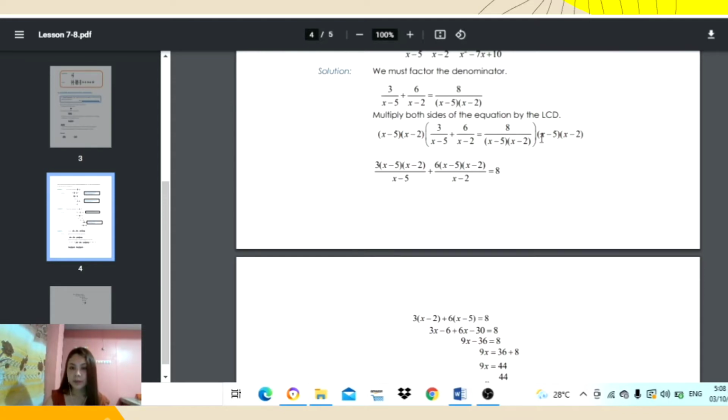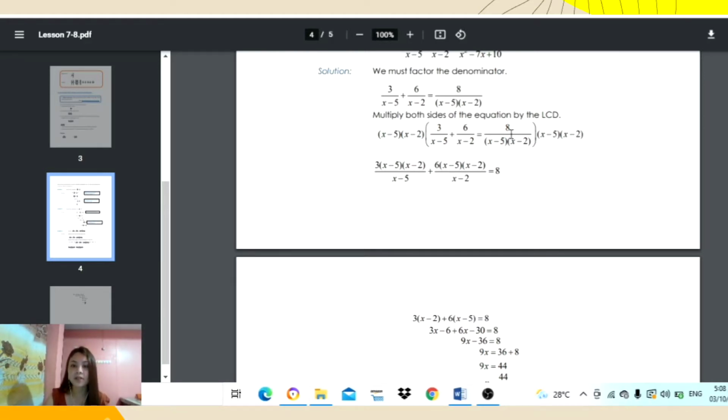Now for the 8, if we multiply the LCD by 8, this denominator is just equal to the LCD, so we can divide the expression by the denominator, and their quotient is just 1.